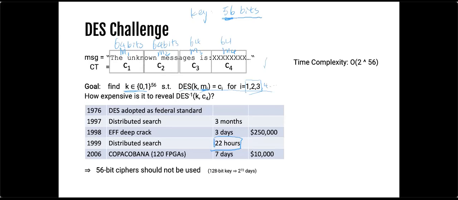So that means that if you use DES to encrypt something, then someone can just crack your crypto system within a day. Although that is a little bit expensive because it is distributed. But looking at the year 2006, someone can spend 7 days, which is still not long.